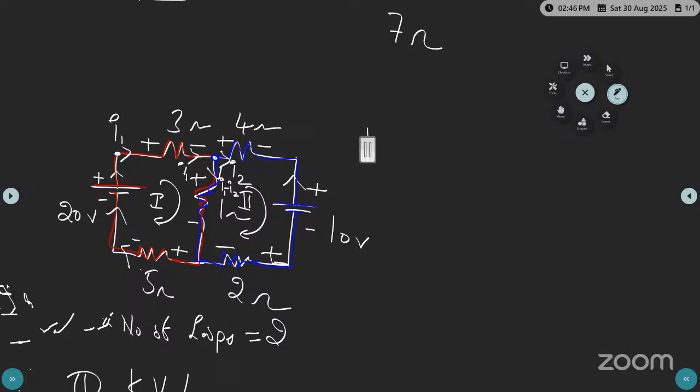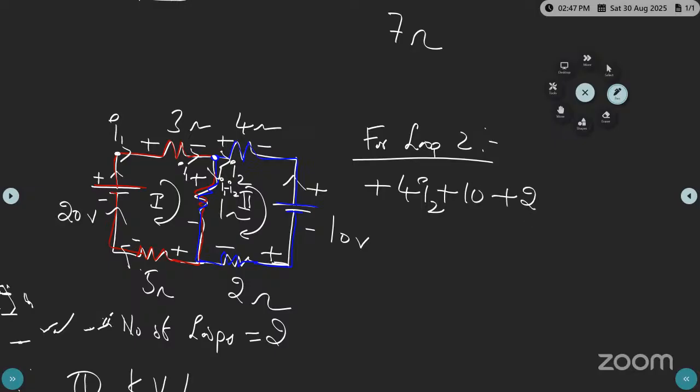For loop 2, starting from here, plus 4 into I2 plus 10 plus 2 into I2. What is the current here? Minus, traveling in a clockwise direction, minus. What is the current? I1 minus I2 into 1 is equal to 0.